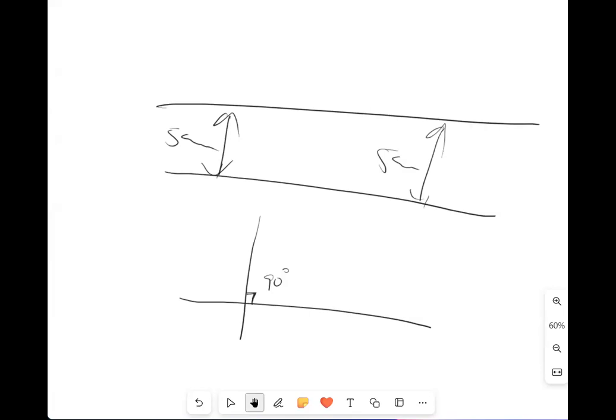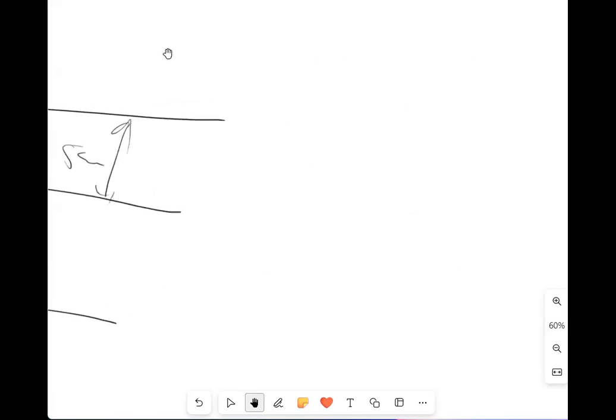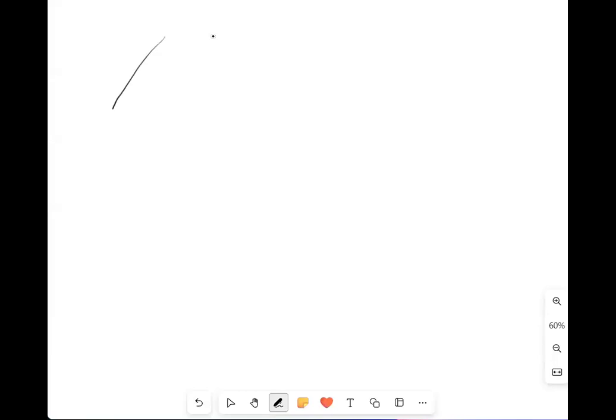Good. So what we want to turn our attention to is some familiar shapes in geometry. Very famous among those is the triangle. And there are a lot of types of triangles, right?